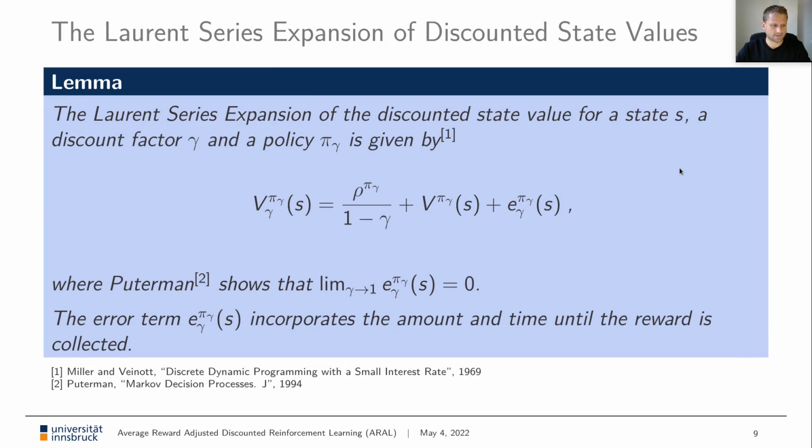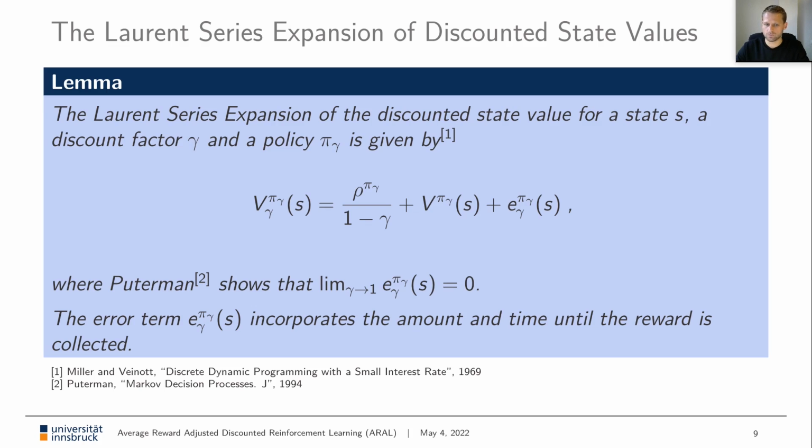And finally, this leads us to the Laurent series expansion of the discounted state values, the state values that we are usually concerned with. It is already known since 69 and consists of the average reward divided by 1 minus the discount factor, plus the bias value, plus an additional term E, usually referred to as the error term, which actually consists of infinitely many values, as this is the Laurent series expansion.